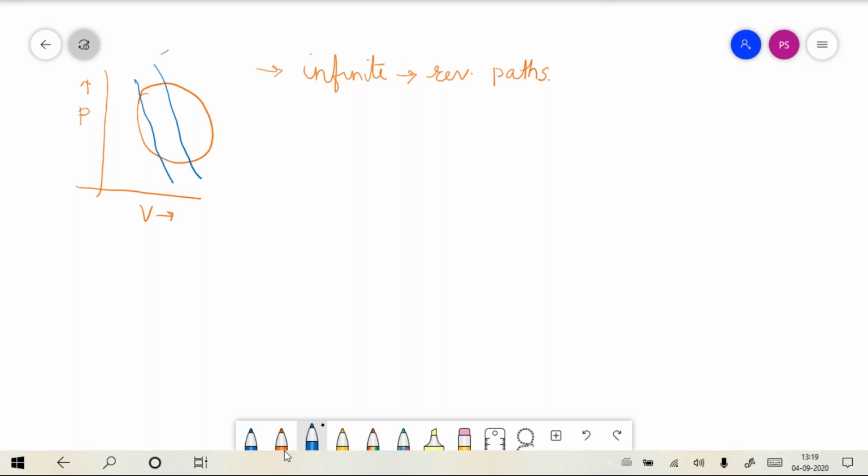This is what we had proved, no? That at the end points, this reversible path would have two reversible adiabatics, and they are parallel to each other because they do not intersect with each other.